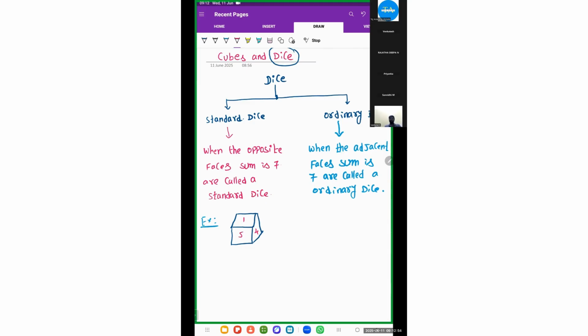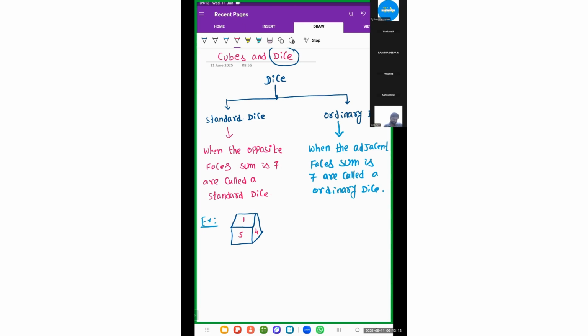You see this example. I already gave the definitions of standard and ordinary die. First of all, let me identify whether it is a standard or ordinary die.